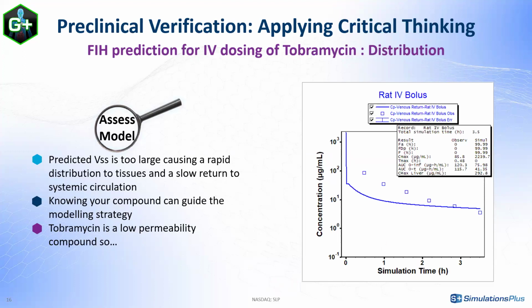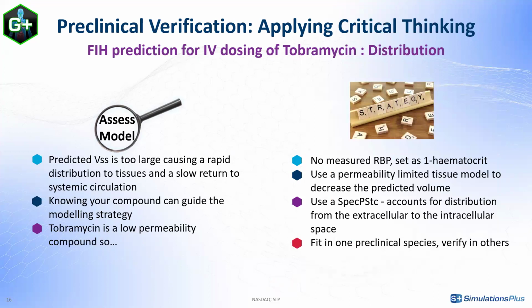From the QSPR assessment, we will have found out that tobramycin is a low permeability compound. And so, as we have no measured blood-to-plasma ratio, we can set this to 1 minus the hematocrit.